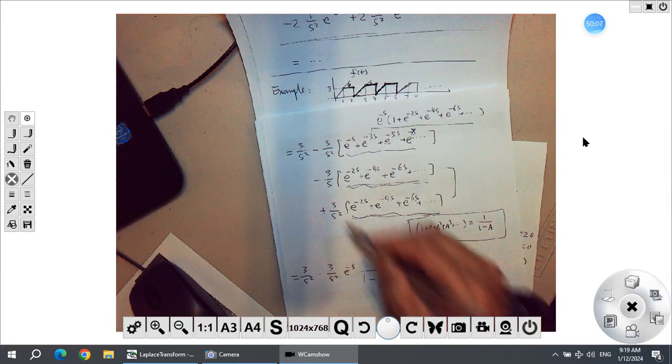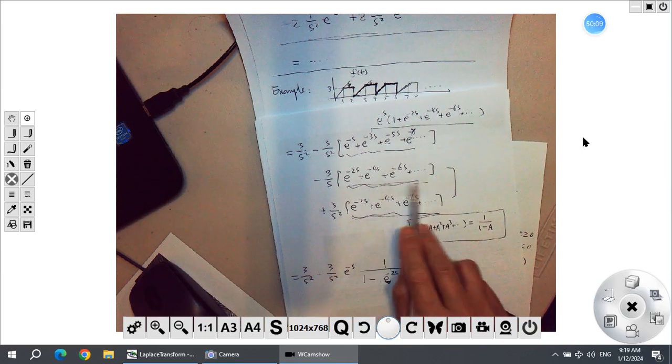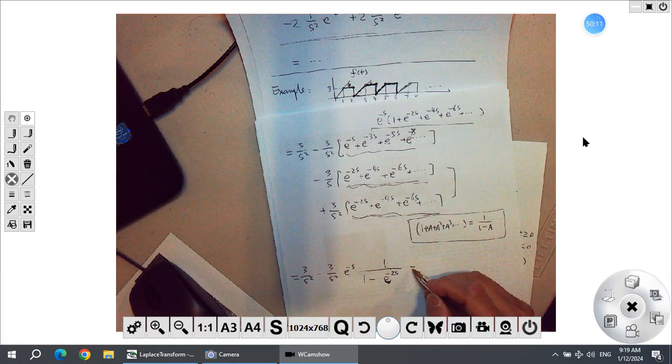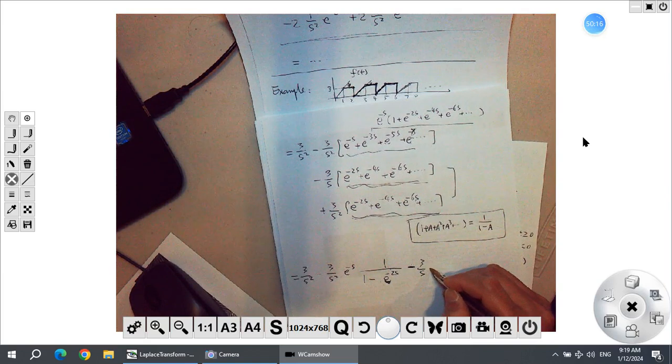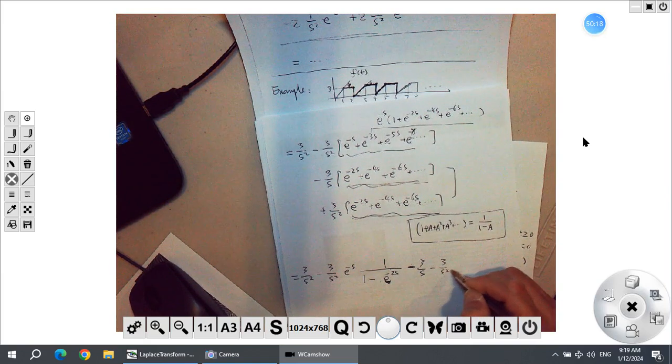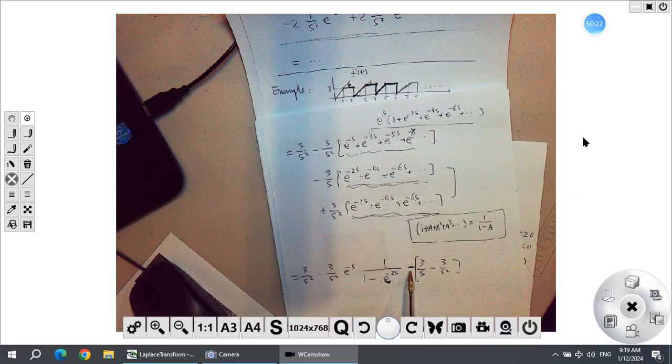Okay, these two have the same part, so I can combine these two together. It is minus 3 over s minus 3 over s squared, right? I put minus in the front, then this one I need one more minus, two negatives make a positive, right?